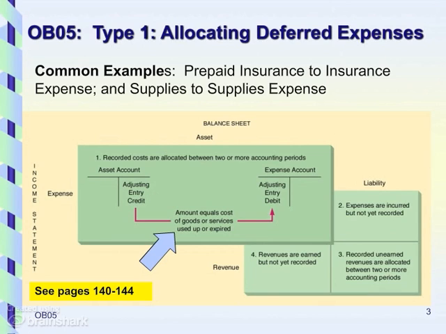We do this through the adjustment whereby we credit the asset to show the reduction of the asset, and we debit the expense to reflect the portion of that cost of that asset that we just used during that accounting period. Once it's expensed, we help to match revenues with expenses, reflecting the appropriate level of net income for that accounting period.